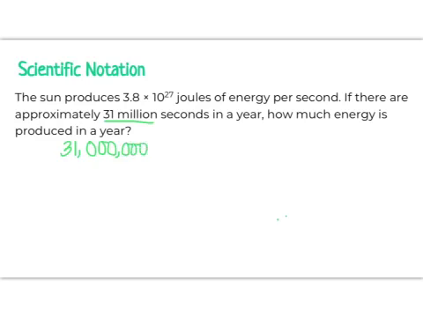To write this in scientific notation, I first need to figure out how many times I need to move the decimal over to get a number that is greater than 1 but less than 10. If I don't see a decimal, it's really at the end. So I'm going to move it over 1, 2, 3, 4, 5, 6, 7. That makes our number 3.1 times 10 to the 7th power.